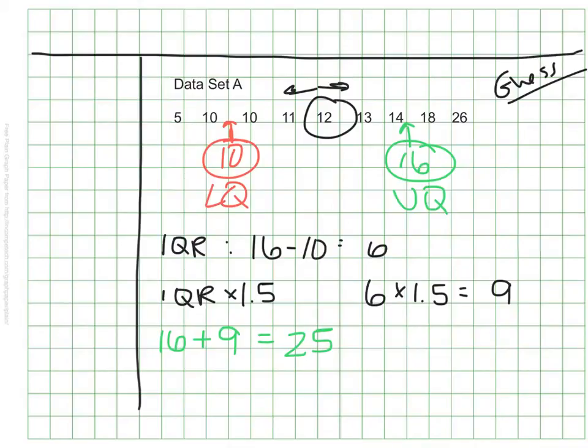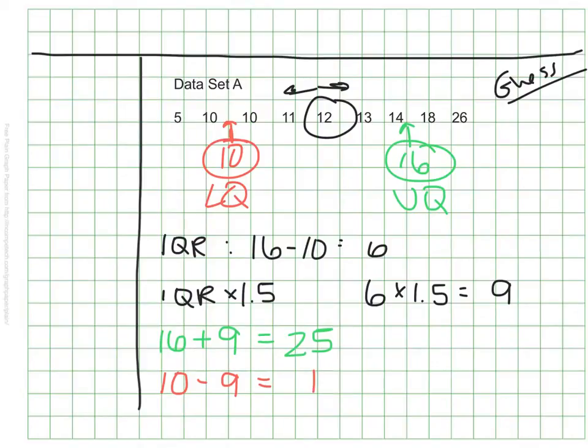The next step, or the last step really, was to take our answer of our interquartile range times 1.5, which was 9, and subtract it from our lower quartile. So our lower quartile was 10. We're going to subtract 9, and we get 1.